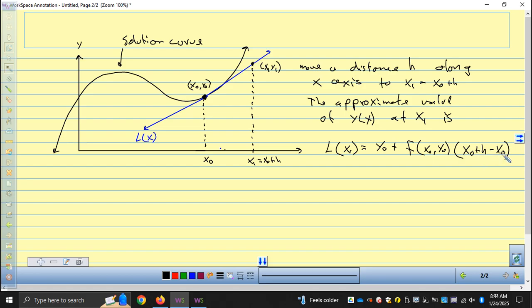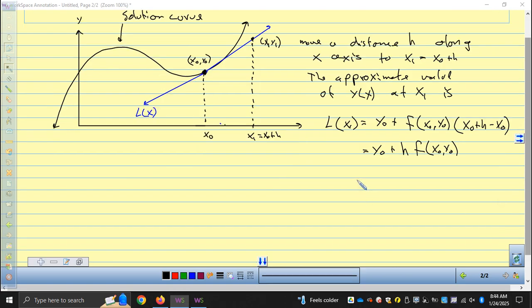Well, x0 plus h minus x0 is just h. So that's just y0 plus h times f of x0, y0. And we get that y1 is approximately y of x1. And again, x1 is x0 plus h. So we're approximating our function value here by this y1.